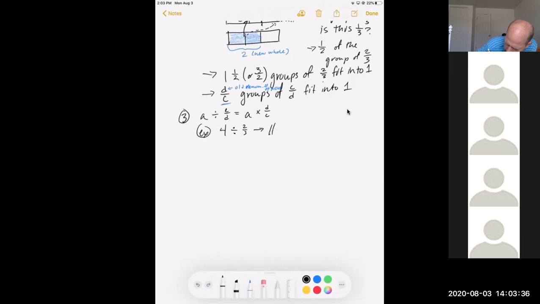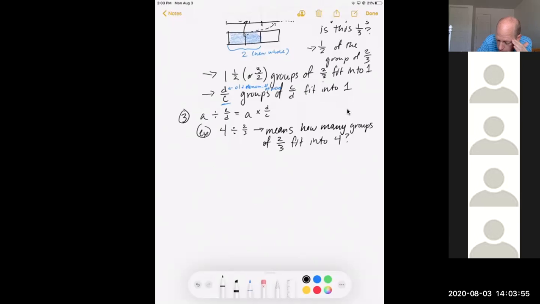It means how many groups of 2/3 fit into 4.